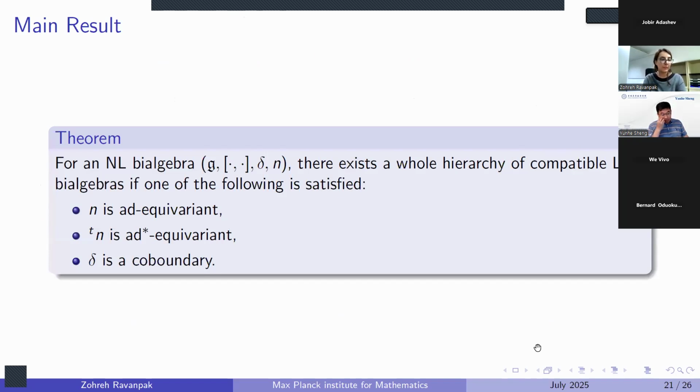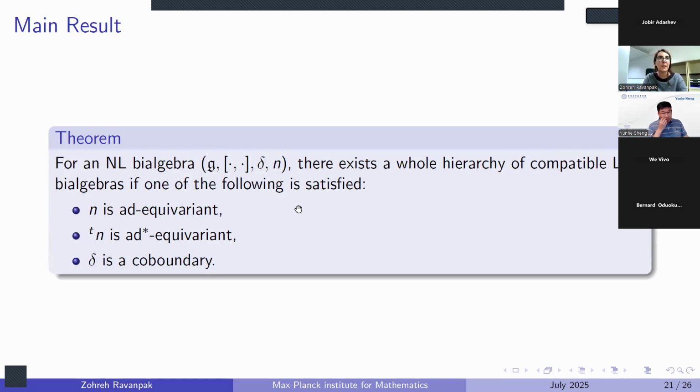So having this hierarchy is important. However, imposing N to be equivariant is a strong condition. But since my goal was to have the whole hierarchy, I was looking for a condition to have this, and this is complicated in bialgebras.